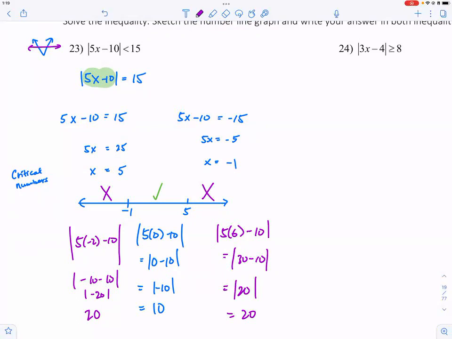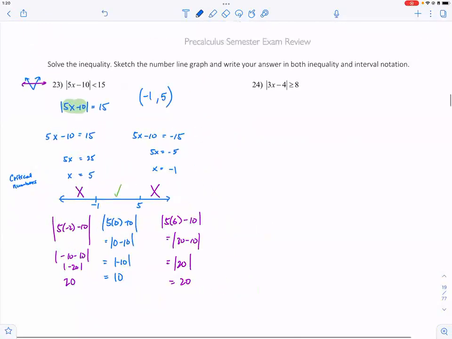So our solution in this case would be, and only be, negative 1 to 5, excluding negative 1 and excluding 5. Because if you put in negative 1, you would get 15, but we want the left-hand side to be less than 15. So you do not want negative 1 to be included, so we use parentheses. And it says, use inequality and interval notations.